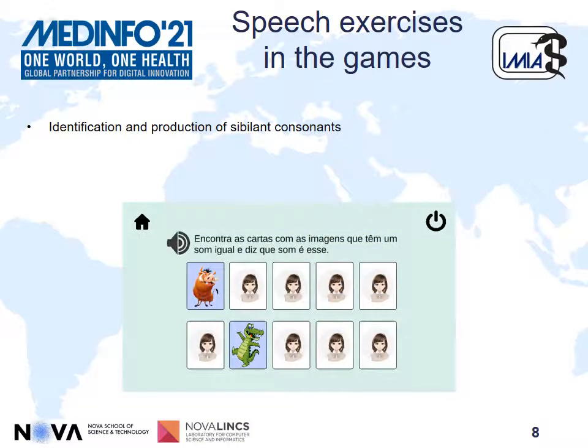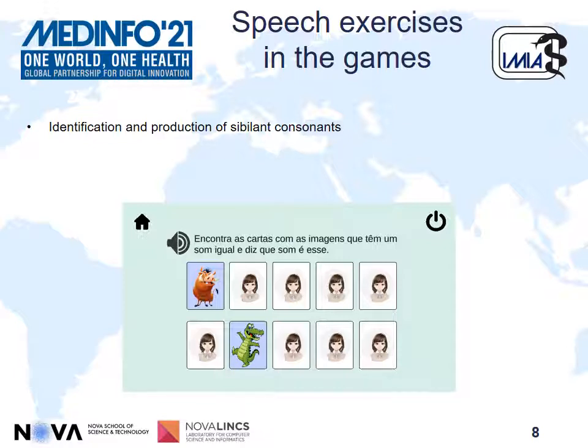Another exercise used in these games is the identification and production of sibilant consonants. In this exercise, the child must identify the sibilant consonant within the word and then produce that sibilant. So, this exercise practices the production of the sibilants, but also their recognition.